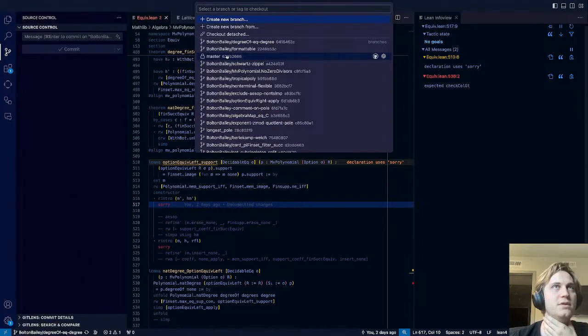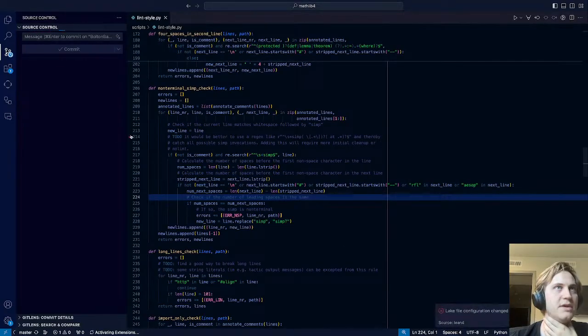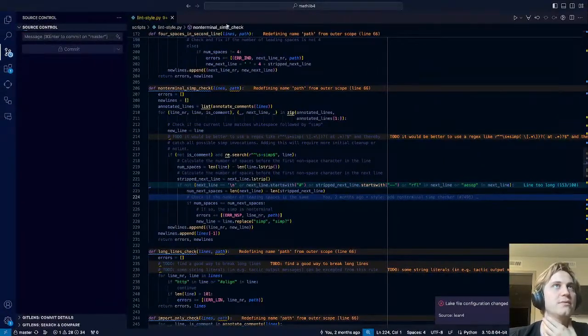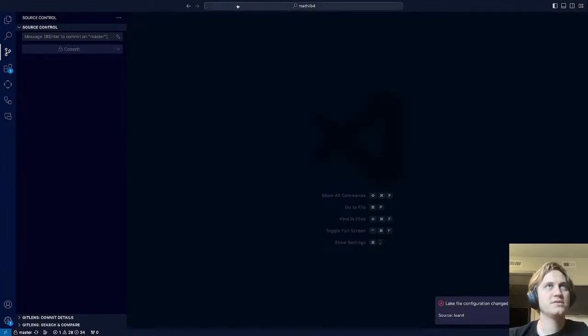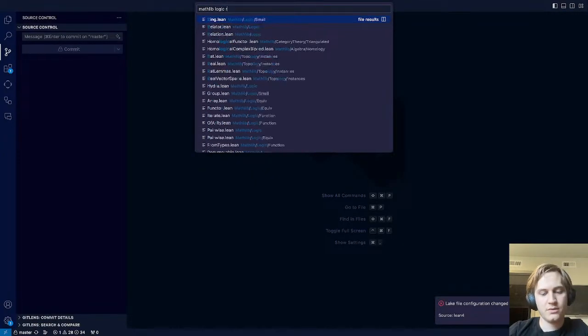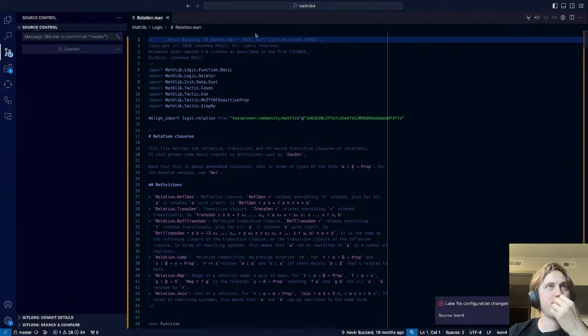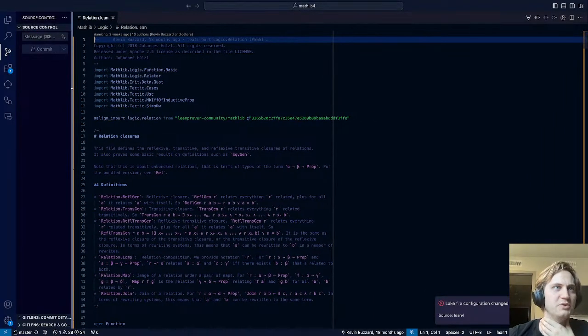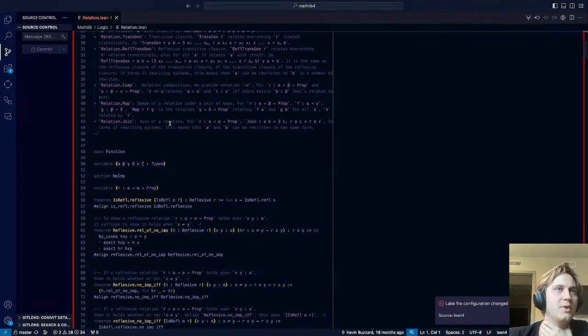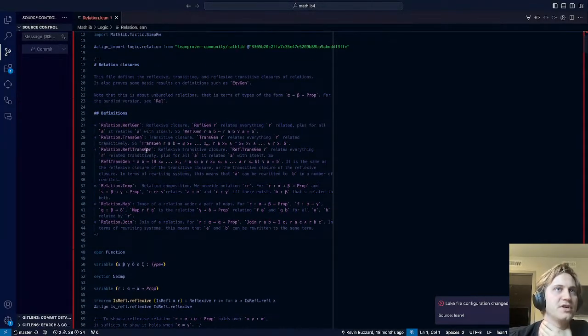So if I go here to master, what's the name of the file? MATLAB logic relation. It would just be much better in general if more of this file were proven in a way where refultransgen was constructed as refulgen of transgen.